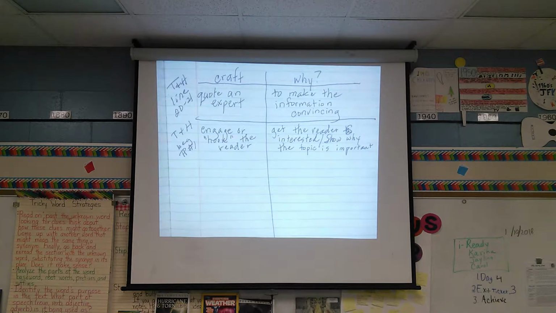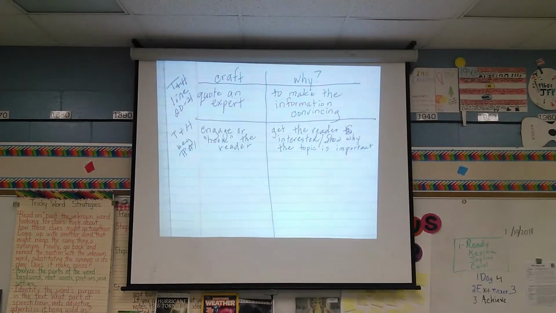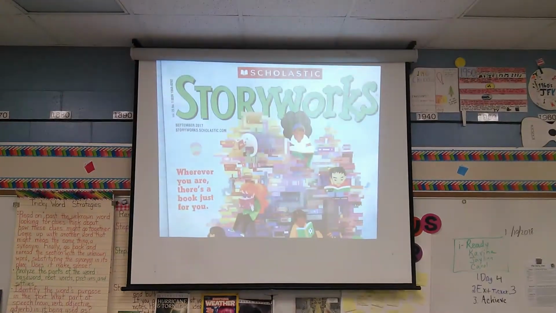I have set out on this table in the middle of the room several issues of Storyworks magazine. And I have enough issues there that each of you can have your own piece of text in front of you. You should both have the same piece of text.